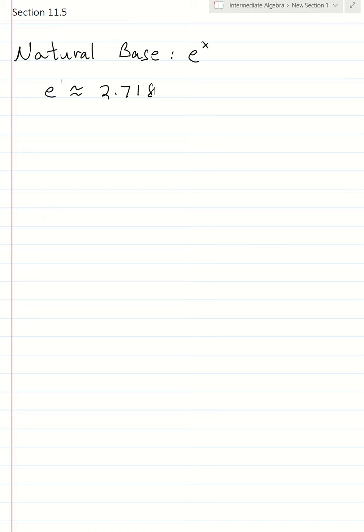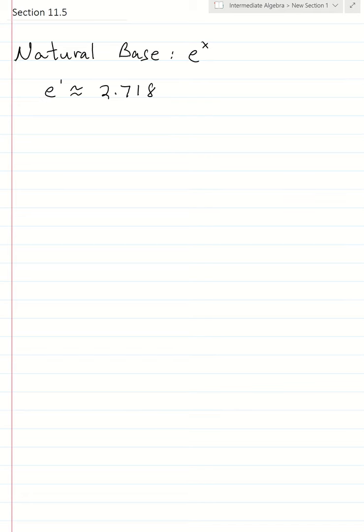We dealt with irrational numbers before when we were talking about, let's say, the square root of 2, or the square root of 5, or the square root of 11. Those were all irrational numbers because their decimal equivalents went on forever and they never repeated or had any pattern to it. So e to the first power is approximately 2.718.